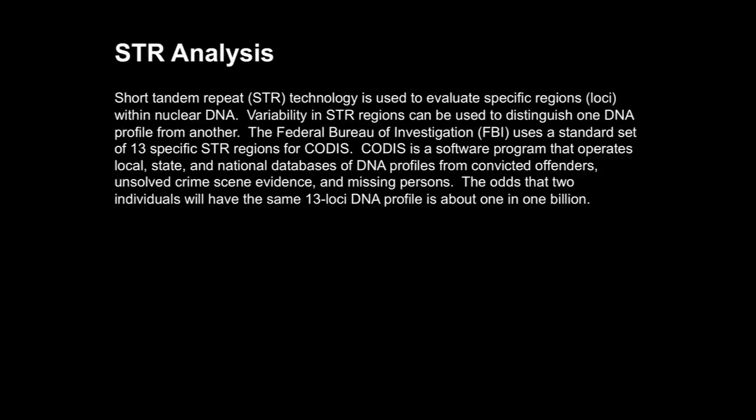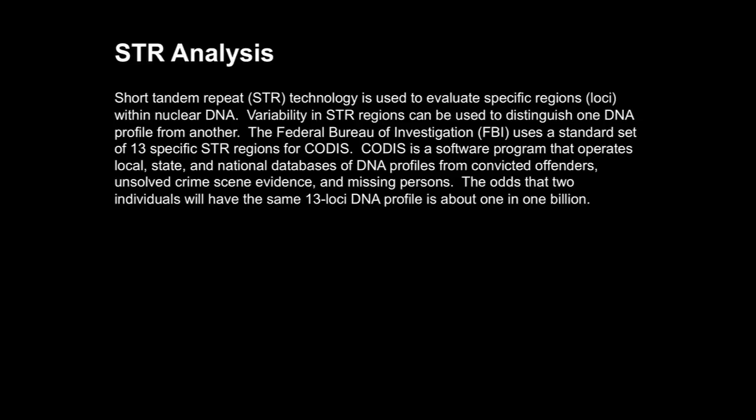This is in conjunction with analysis for what's called short tandem repeats. You find throughout the human genome repeats of short regions of DNA that can be used to evaluate specific regions or loci within nuclear DNA. It's these specific short tandem repeats that are used in forensic analysis.